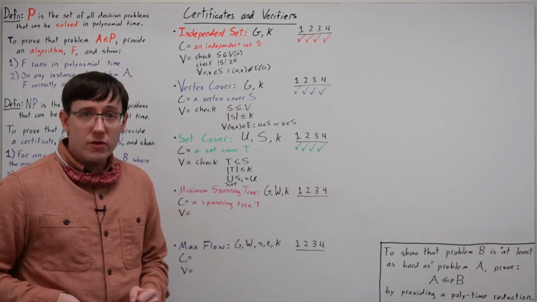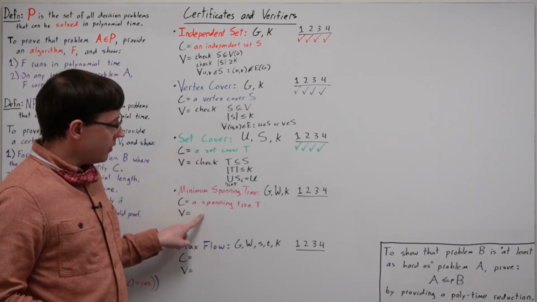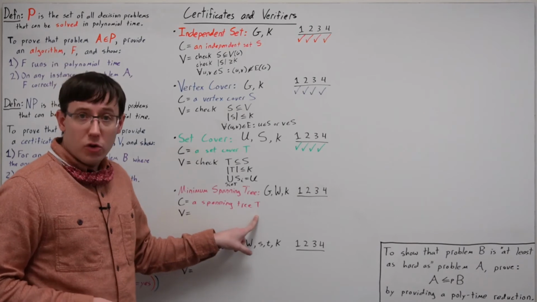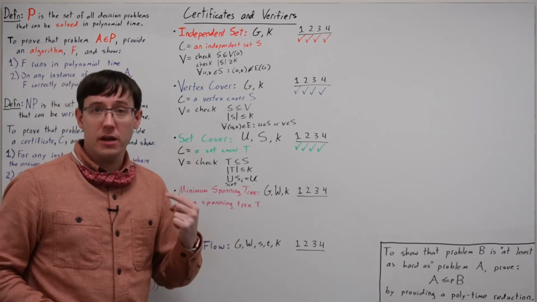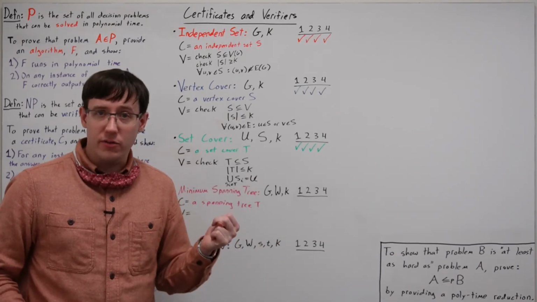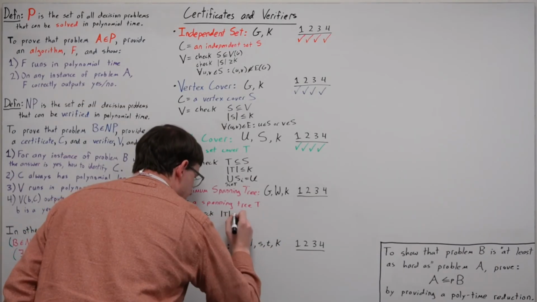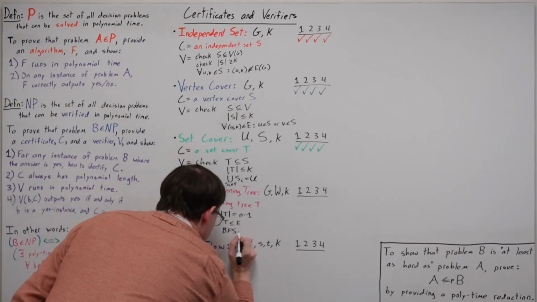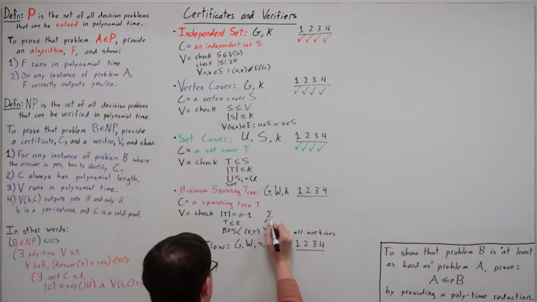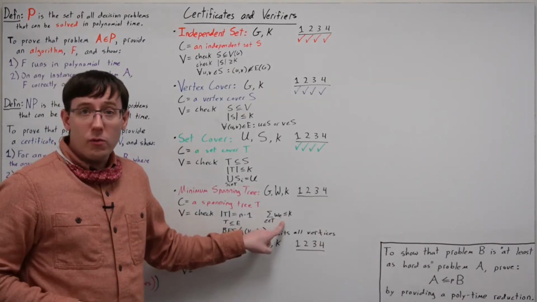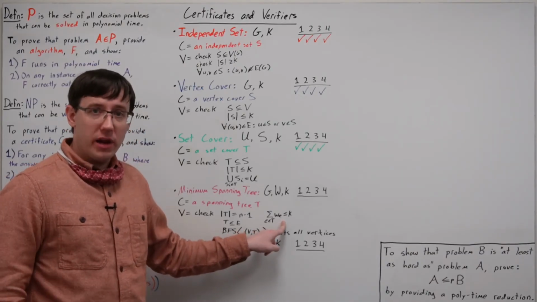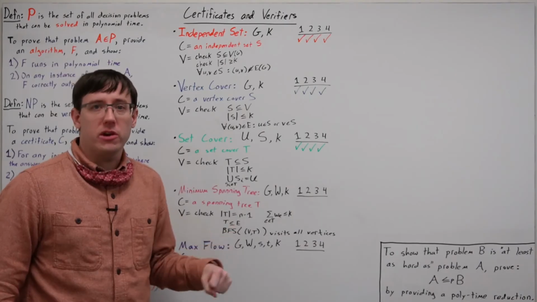To verify the certificate, we would need to check that the thing we were given was actually a spanning tree, which we can do by counting the edges and ensuring that the graph is connected when restricted to those edges. And that when we sum up the weight of all the edges in that spanning tree, it is less than or equal to the threshold k.